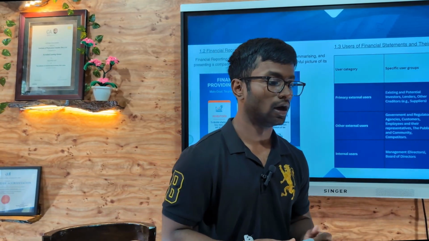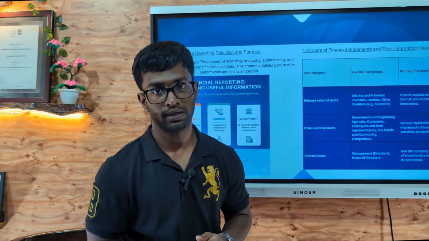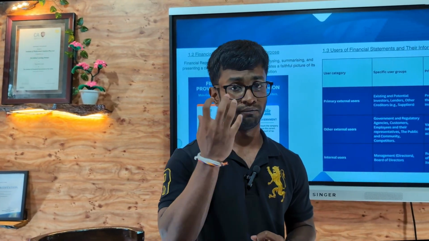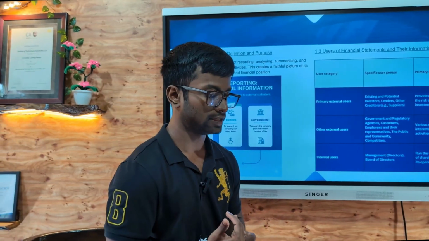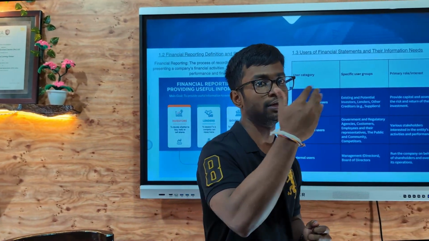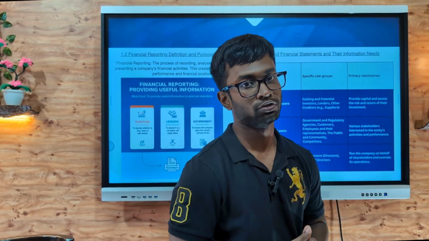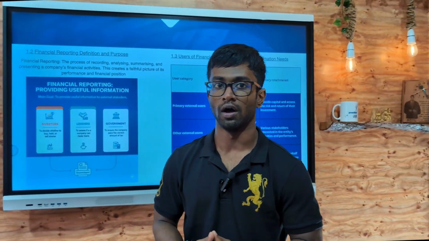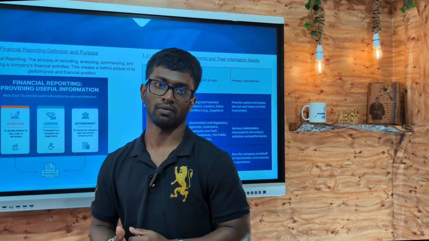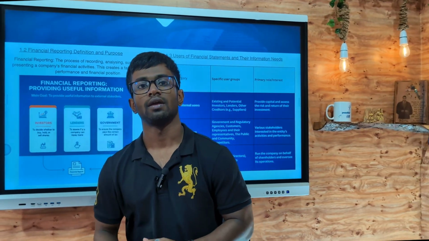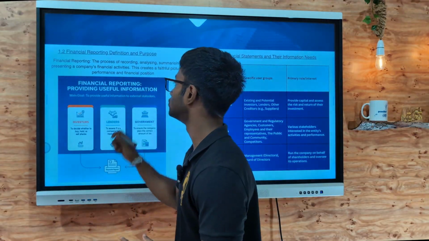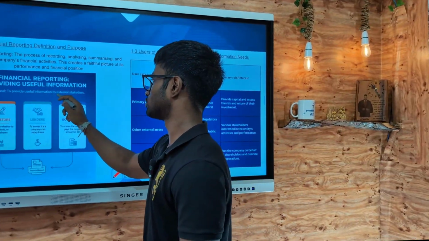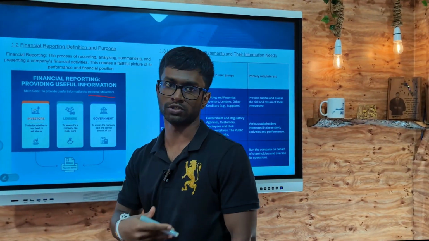So normally in financial accounting, we prepare financial statements, and whatever is prepared, we publish it to the public. So whoever is interested would go through that information and make a decision. So we are providing information to our stakeholders.